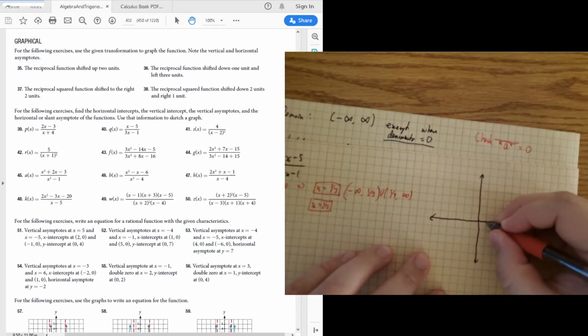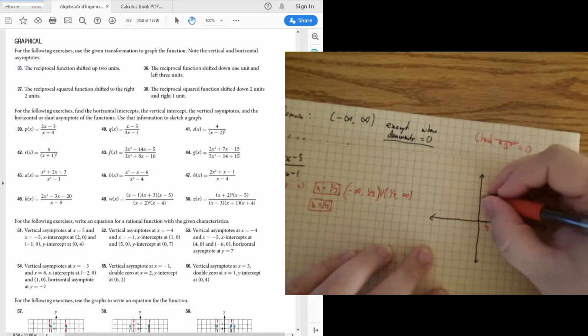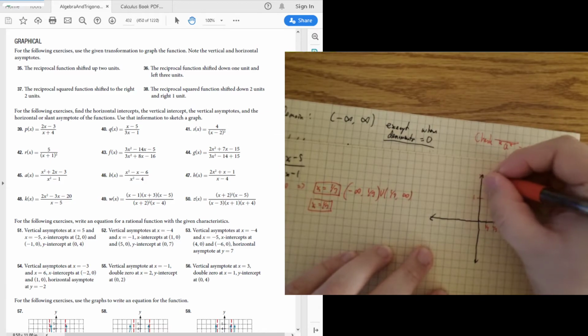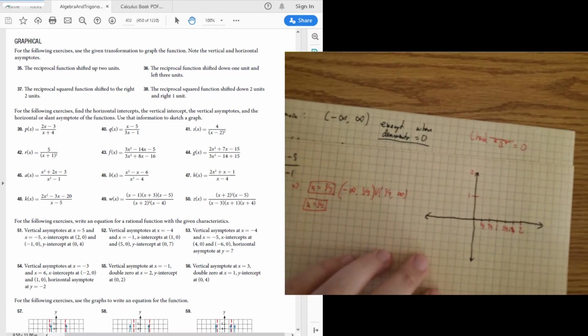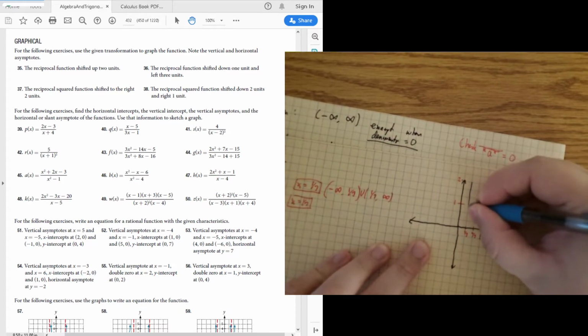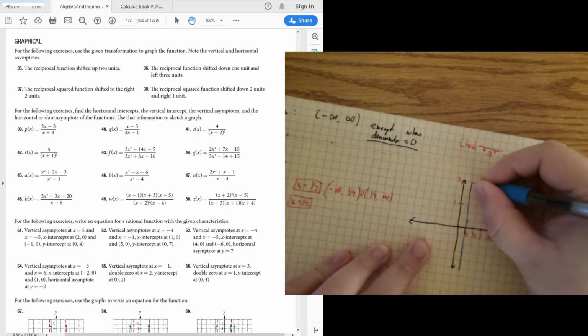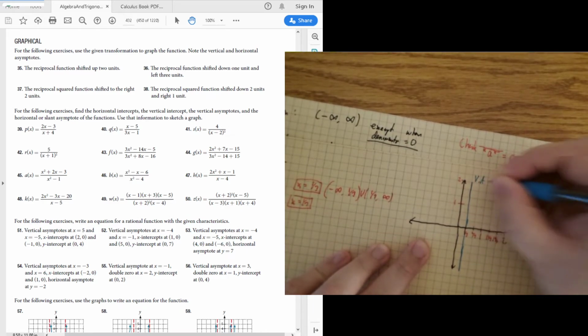So this first one is going to be at 1/3, 2/3, 1, 1 and 1/3, 1 and 2/3, 2, and then same thing going up and down, 1, 2. The reason I'm going to do that is because this asymptote is at 1/3. It's a vertical asymptote. This is my vertical asymptote.